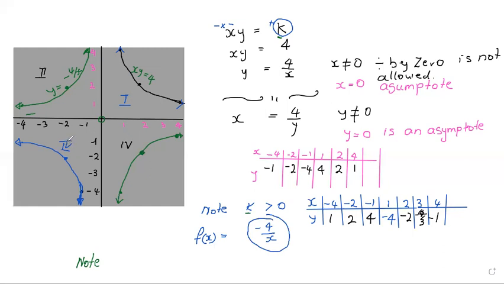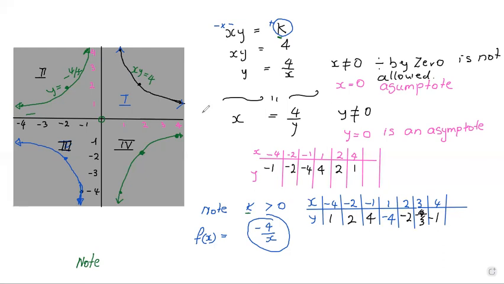The mistake here is, this is supposed to be the third quadrant. When k is positive, it is in the first and third, and when k is negative, it is in the second and the fourth. Okay. Hope you saw that. Now we are going to move to something else.